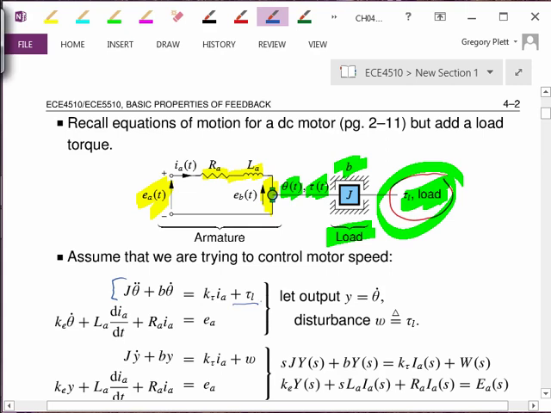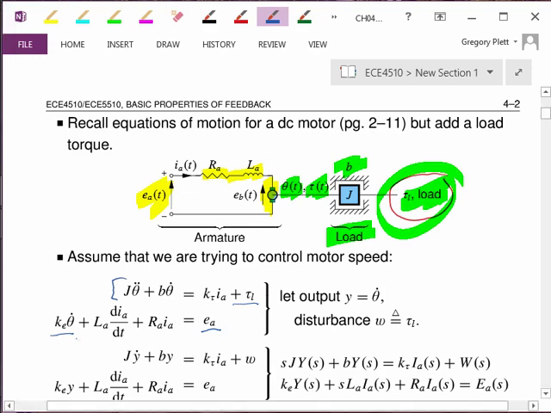This is new. And then we also have the electrical equation, and that says that the applied voltage is equal to all the voltage drops. So EB, the back EMF, was an electrical constant KE times the rotational velocity of the shaft.